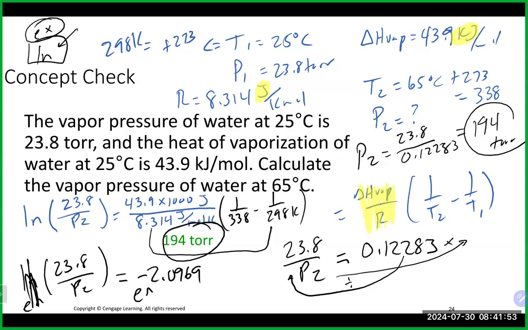So what do we see here? We do see what we've been talking about, which is in this particular case, at 25 degrees Celsius, we have 23.8 in terms of the pressure. At 65 degrees Celsius, that is a higher temperature. That means that those gas molecules should have more energy, right? Should be able to move a little faster and be able to escape each other a little bit easier.